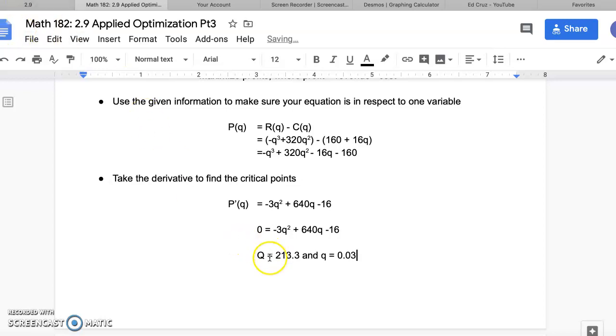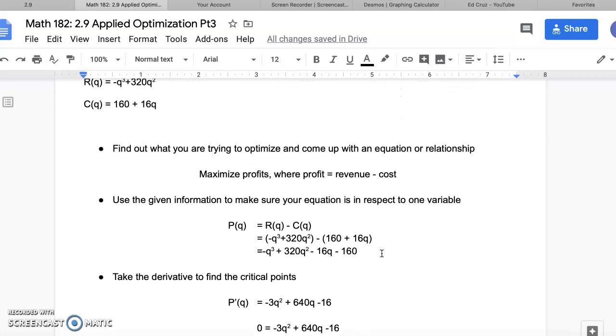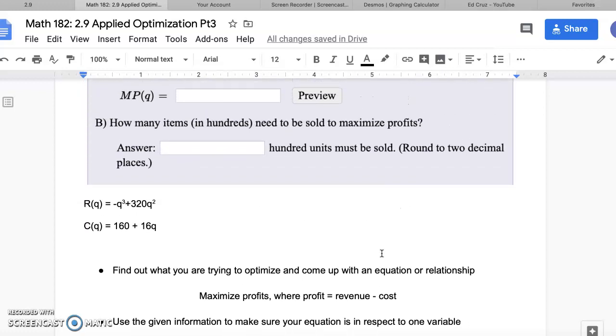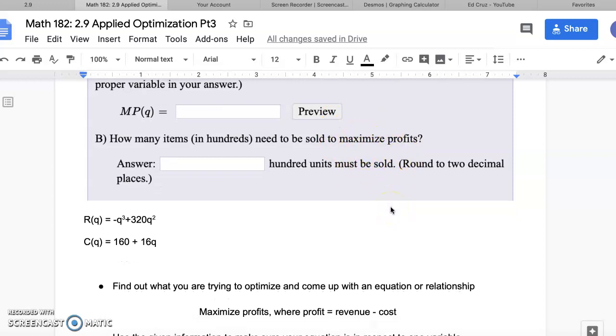I'll just round to 2 decimal places there. And we'll talk about that as we move forward. Now, those are going to be our two critical values. And with these two critical values, we want to determine whether we're going to get a maximum or a minimum.